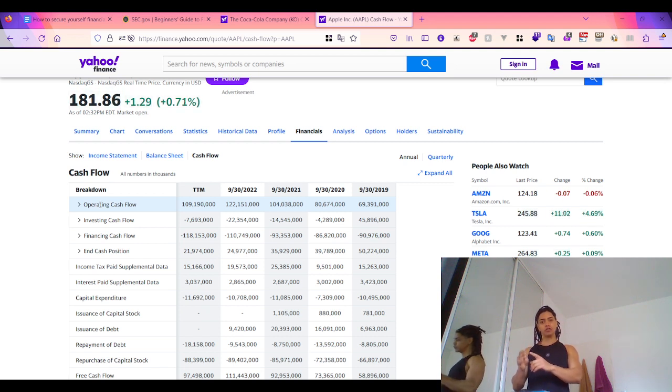Copyright, which is exclusive rights granted to the creator of original works so they can manufacture, distribute, and sell their works over a period of time, such as Coca-Cola, Netflix, Spotify, Twitter.